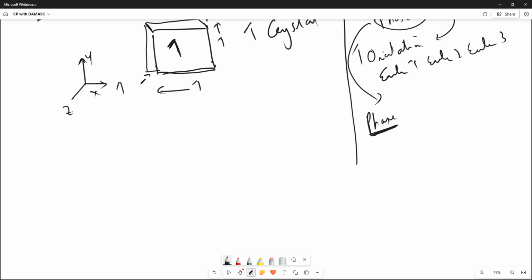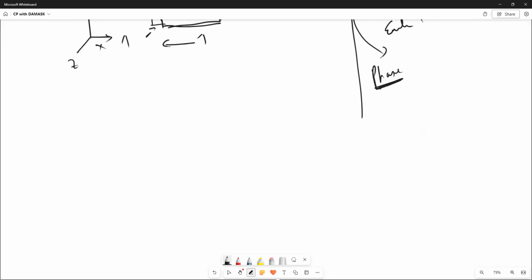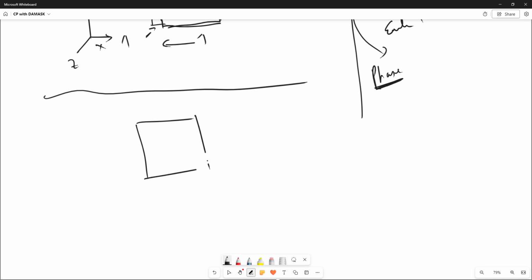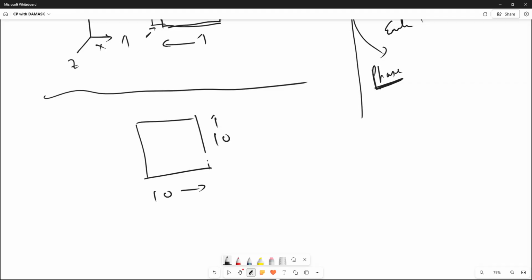Now here we only had one phase, right? I can also have this one phase in a slightly different configuration. I can now have 10 by 10 by 1.